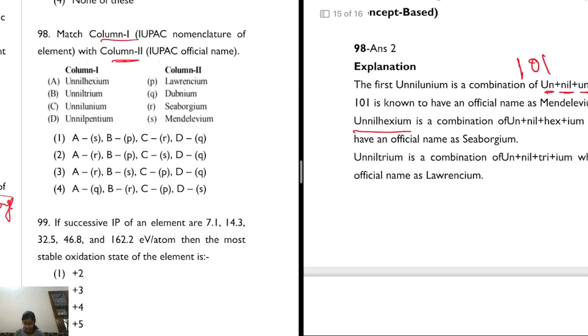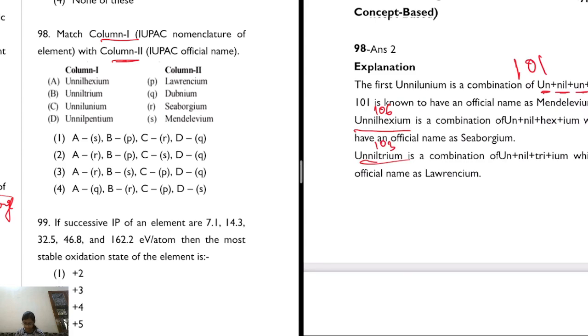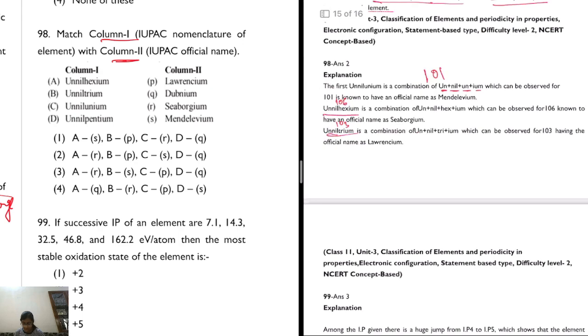Similarly for unnilhexium it is 106, and this is 103. Okay, 101 corresponds to mendelevium, 106 is for seaborgium, and 103 is for lawrencium. The left one would be unnilpentium. You know, then it would be for cadmium.